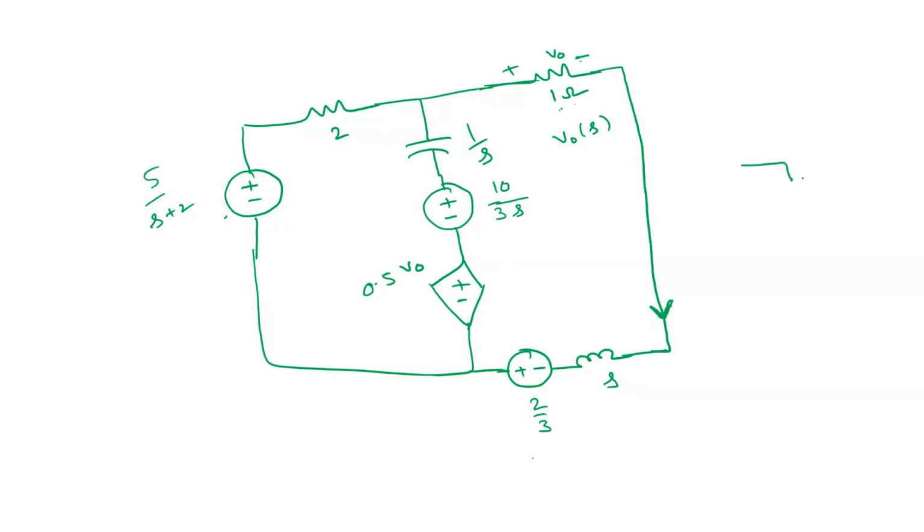So this is the one. If it is an inductor, this value is SL. What is the sign here? If it is an inductor in the S domain, what is the sign? Minus plus. So this is the current flowing.